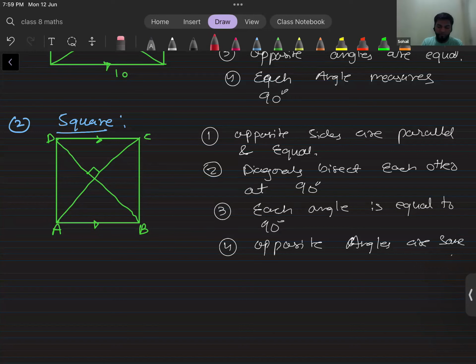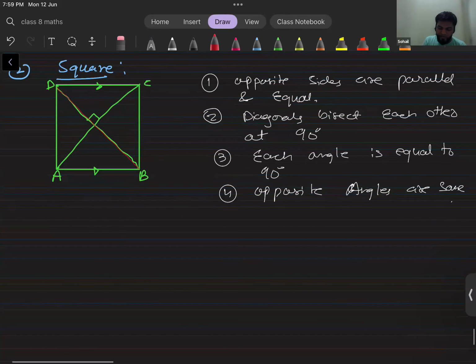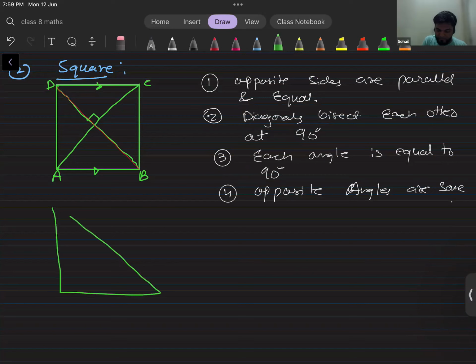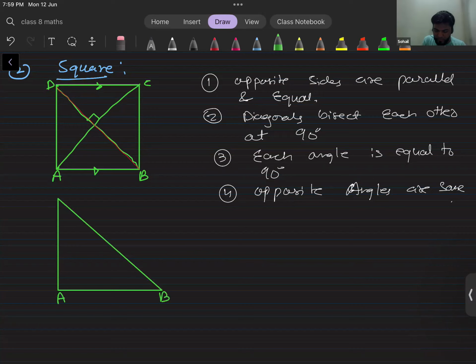So if we take out the triangle ABD from this square, which is the longest length in this triangle? Sir, DB.